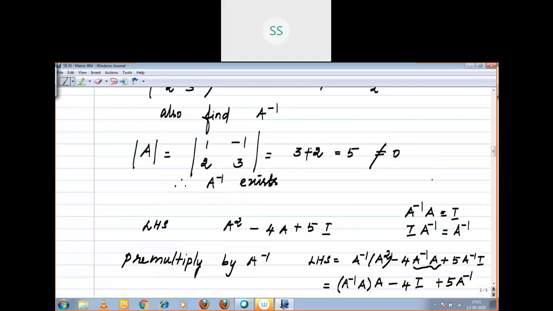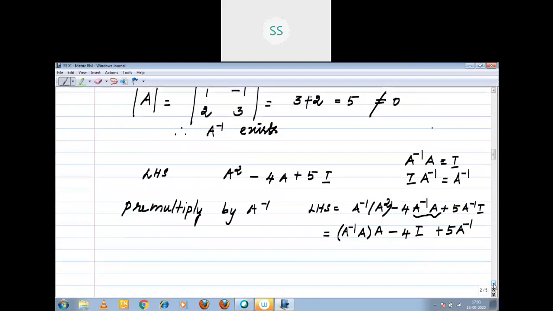A inverse into I is A inverse. That means what can you get in the left hand side? A minus 4I plus 5A inverse. This is your left hand side, right?